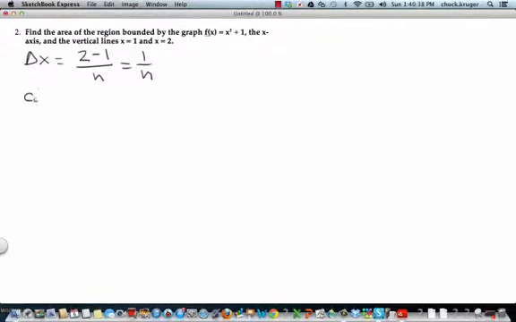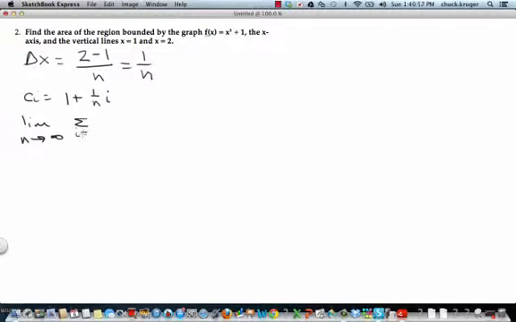And my c sub i is going to be a, which is 1, plus delta x, which is 1 over n, times i. Alright, so I'm going to take the limit as n goes to infinity.